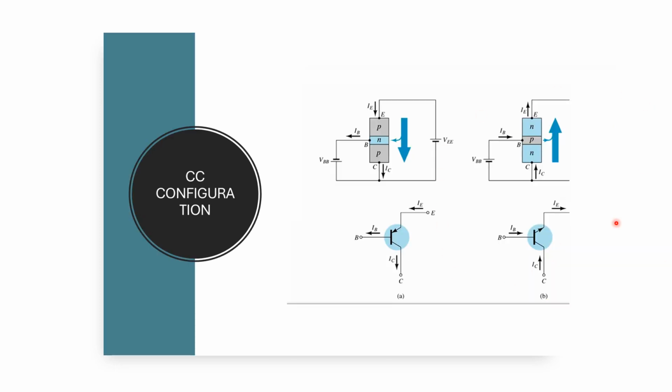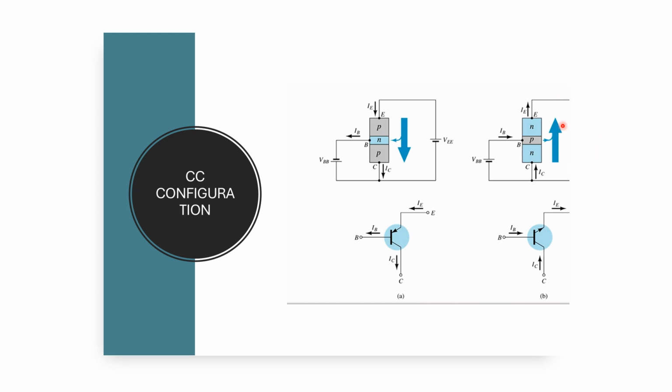The CC configuration we will also connect the same way. In the input junction, the base terminal is input and the emitter is output. The input junction is forward biased. This is an NPN transistor, forward means positive, negative. The output junction is reverse biased, both being N-type material. So IB is entering, IC is entering, and IE is leaving.